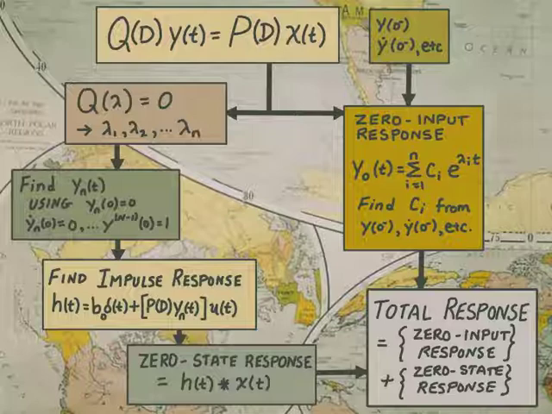So let's start with the zero state response on the left-hand side. First, we have q of lambda equal to 0. That's the characteristic polynomial. We solve for the roots, lambda 1 through lambda n. Then we'll find the impulse response. To do that, we solve the following problem. We're going to find yn of t. yn of t is a special solution of the differential equation q of d y of t equals 0.